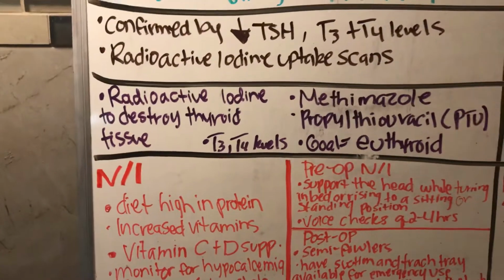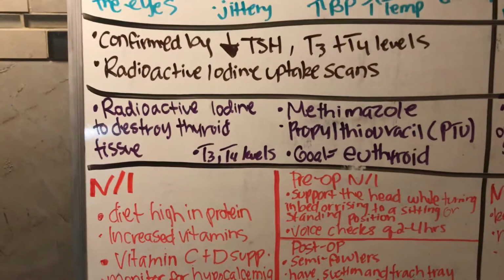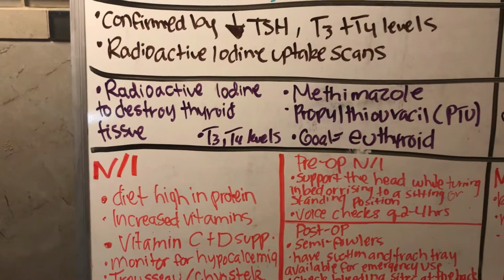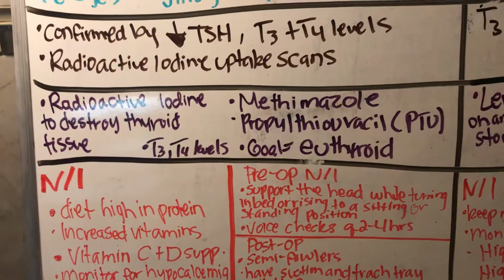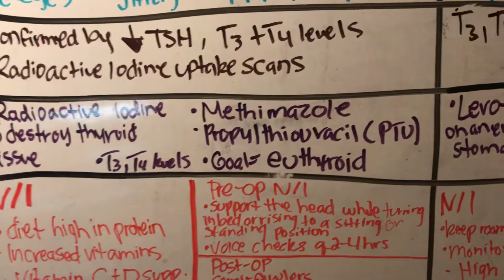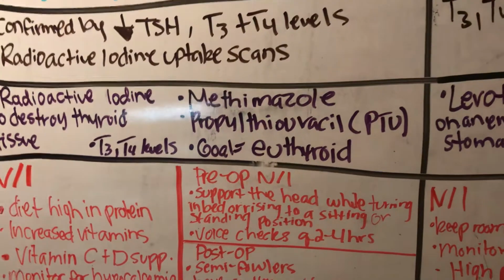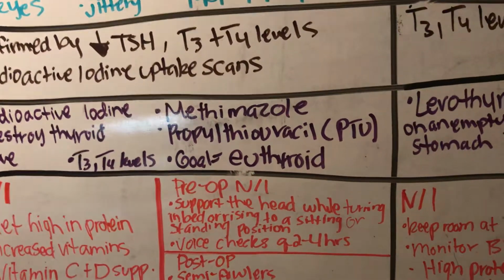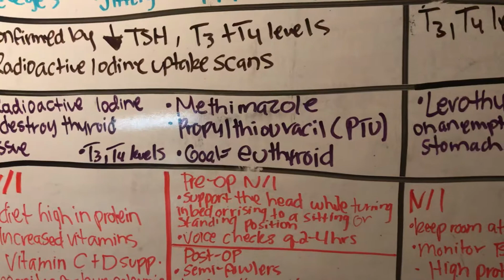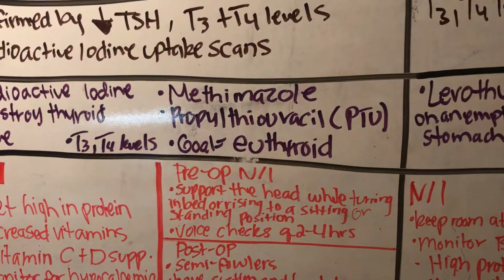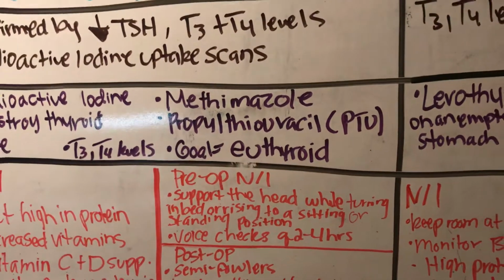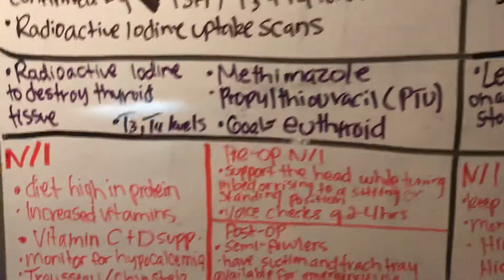So for your medical treatment, radioactive iodine to destroy the thyroid tissue. They can check the T3 and T4 levels, and for medical prescriptions, methimazole and PTU are the drugs used for that. And the goal is to return the patient to a normal thyroid level, which is called euthyroid.